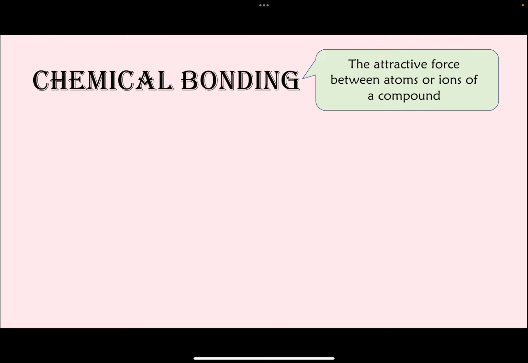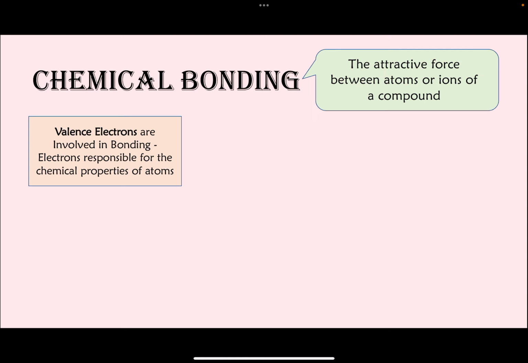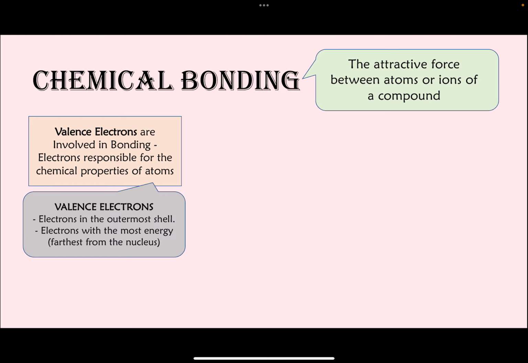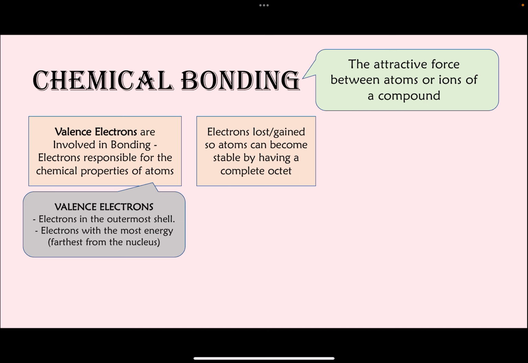So, chemical bonds are defined as the attractive forces between atoms or ions in a compound, and valence electrons are what's kind of the foundation of bonding. They're responsible for the chemical properties of the atoms. Just a quick reminder, your valence electrons are the electrons in the outermost shell, and these are also the electrons with the most amount of energy because they are the farthest from the nucleus.